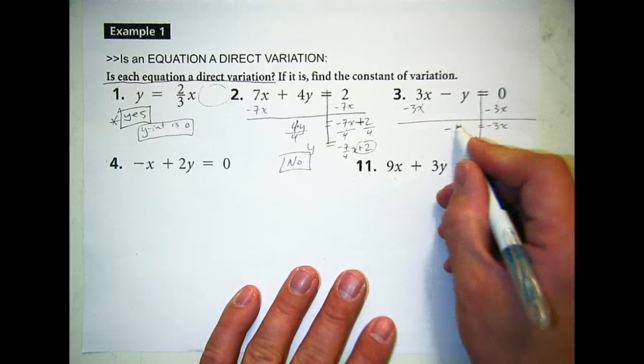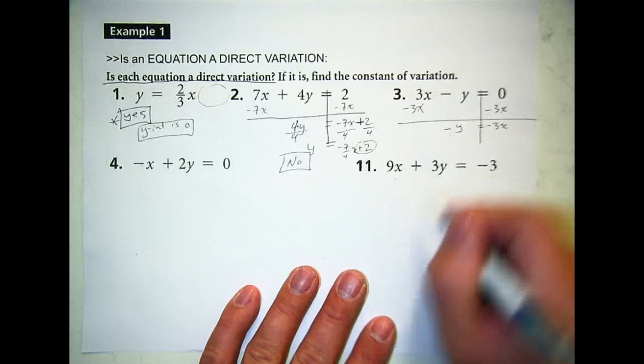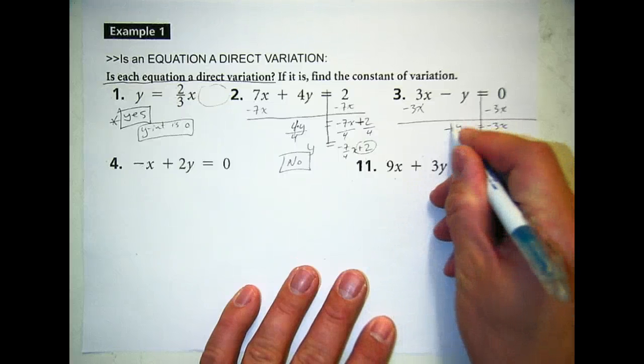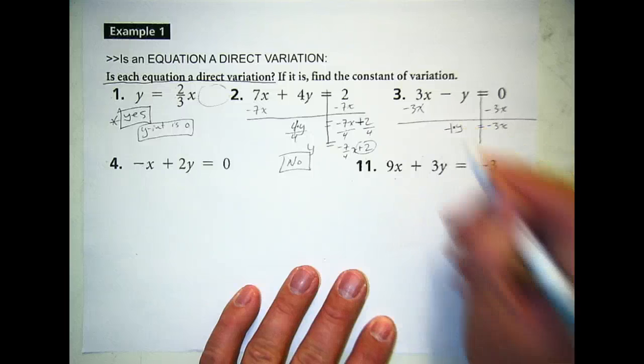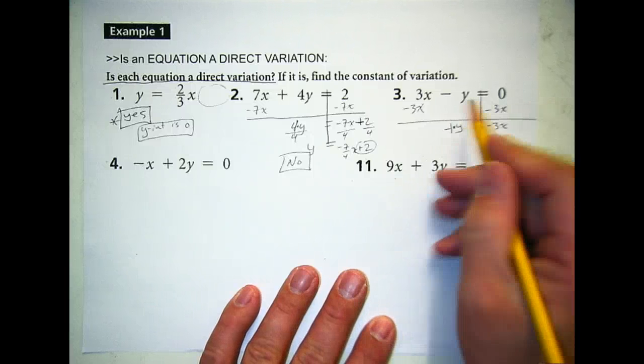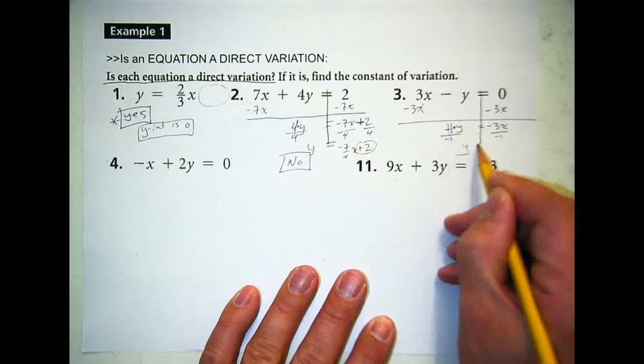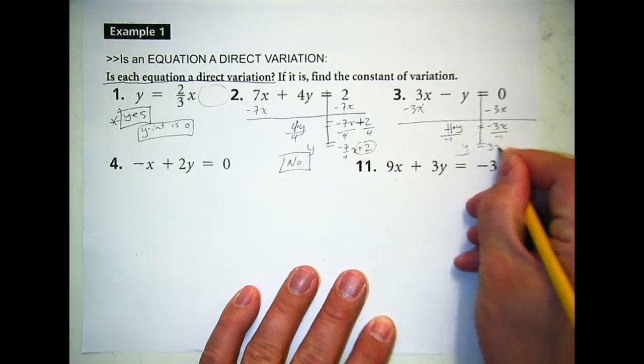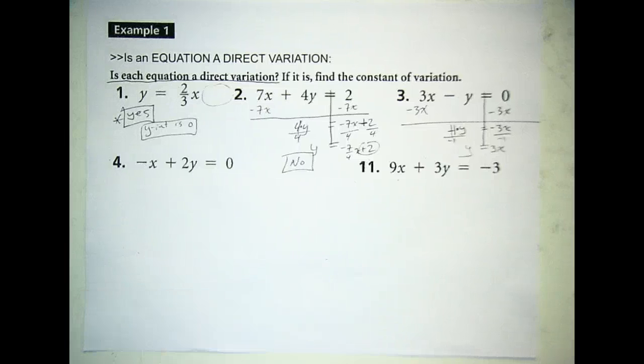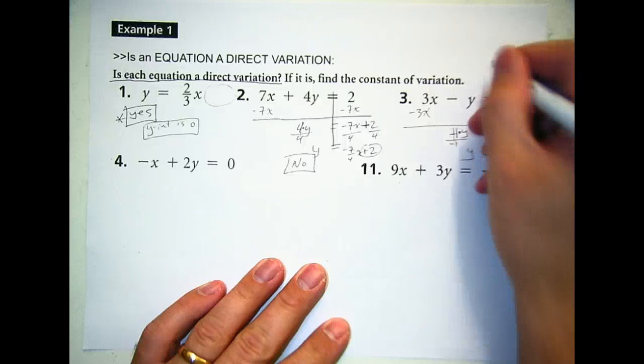This negative means I have what in front of it? Yeah, 1. Negative 1. So I'm multiplying by negative 1, so how do I undo that? Divide by negative 1. So we get y is equal to 3x. Direct variation, who says yes? Who says no? Okay. Yes, it is.